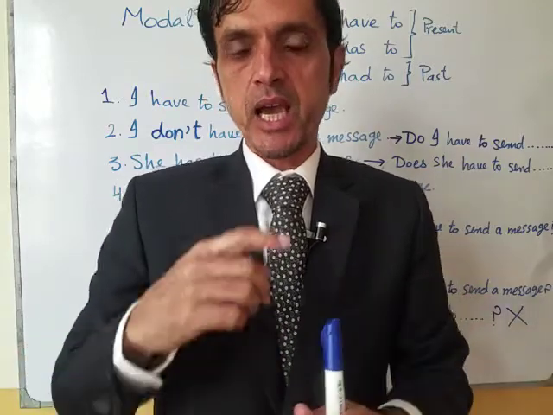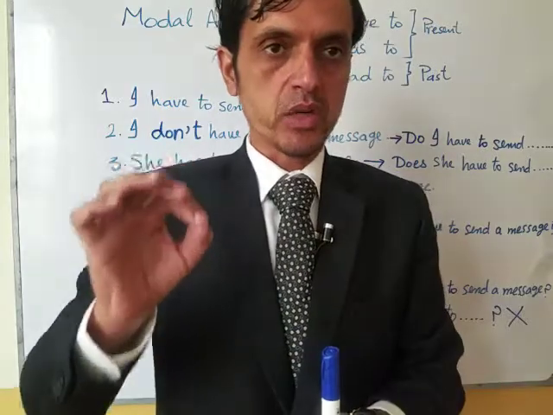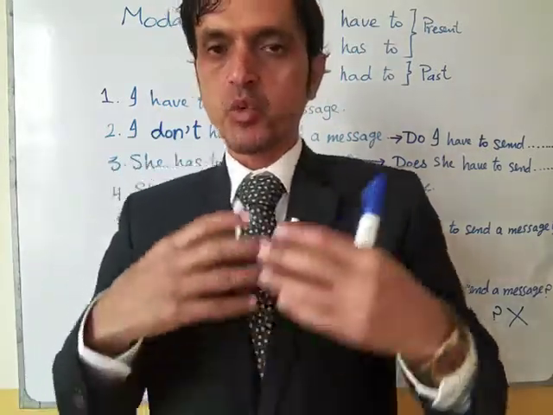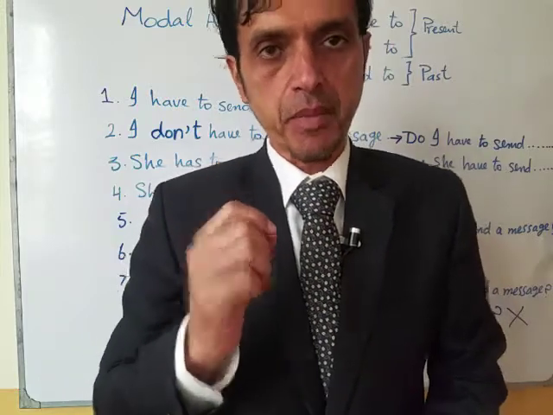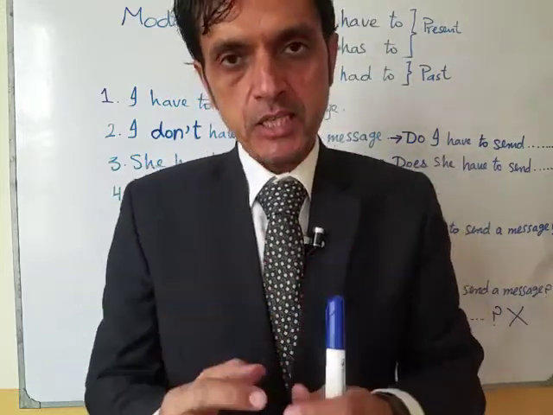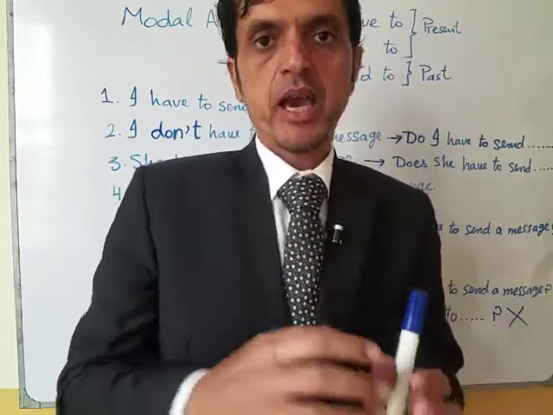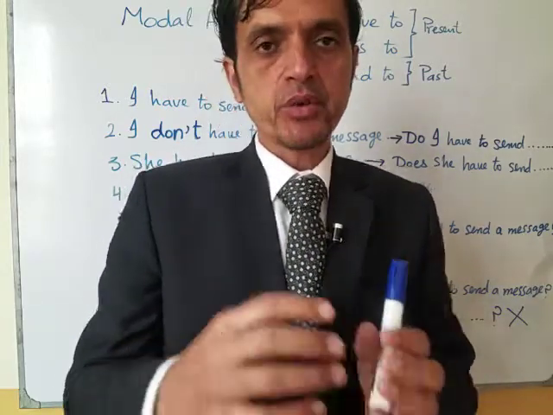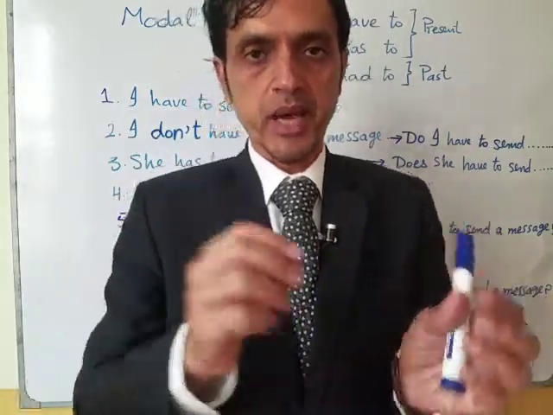If you say I have to send a message, it means this is your responsibility, your duty, and you must send that message. In these meanings we can use have to, has to for the present while had to for the past.